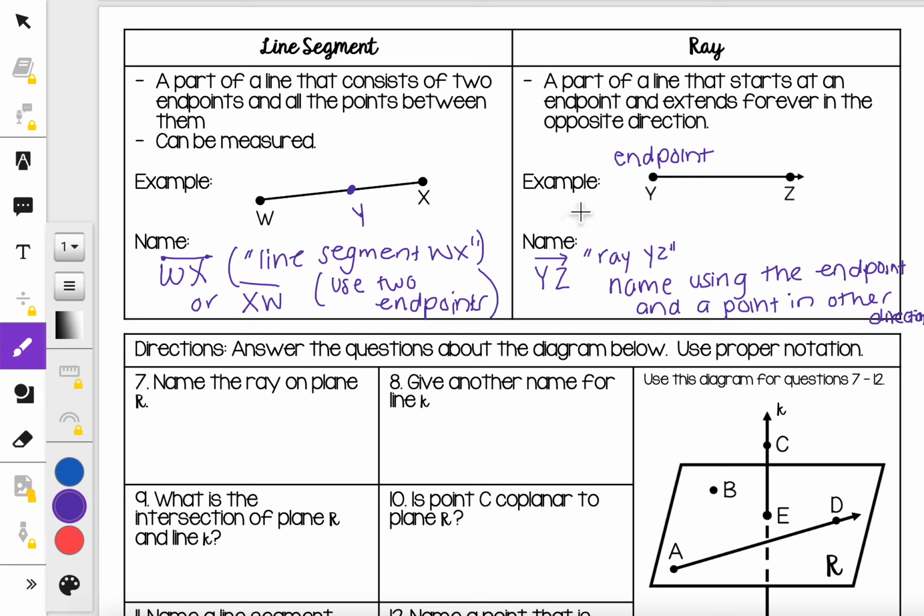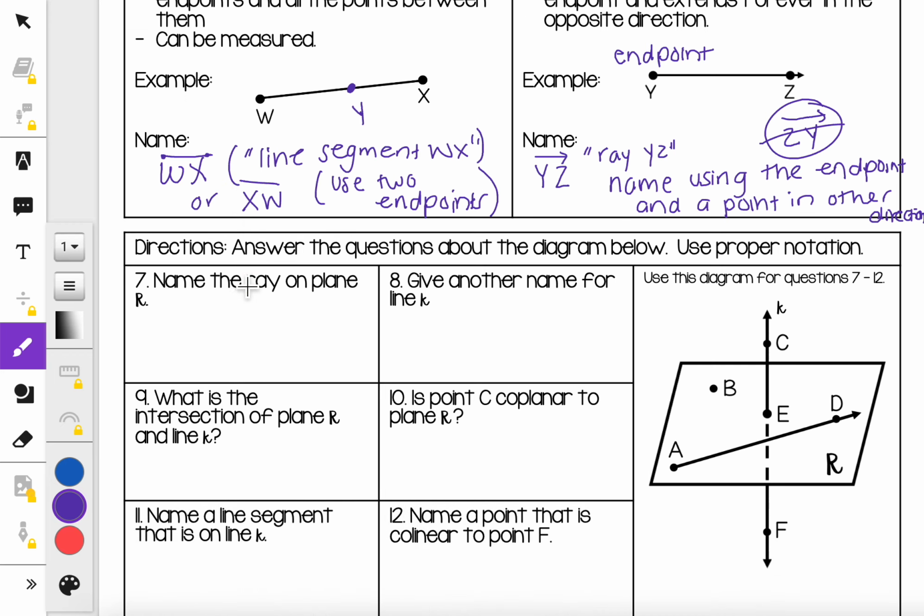It would not be proper notation to name this ray ZY, okay? This is not correct. All right, because Z is not my endpoint, it's not extending forever in that direction with Y. So here, the order does matter. With line segments, with lines, it didn't matter which letter was first, but with a ray, it is important.